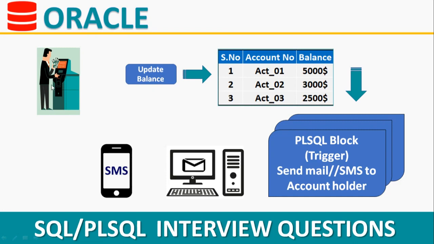The user puts a debit card into the ATM or CDM withdrawal machine and performs a transaction. When you put the card in the ATM machine, it sends an alert to the bank and checks how much balance your account has. From the ATM it hits some procedure and captures your account balance.